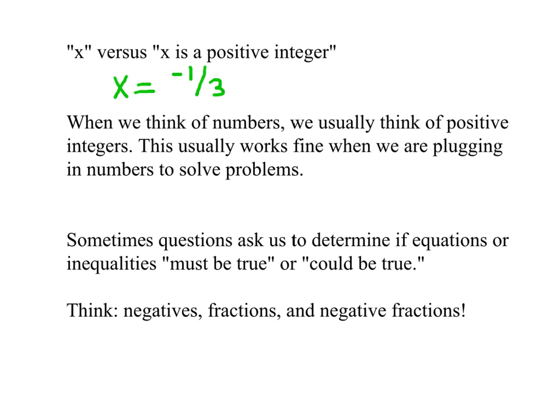And that's fine. If you are doing a problem where you're just inventing numbers to try to solve an equation or solve a word problem, that usually works perfectly well. My favorite numbers are 1, 2, 5, 10, 100 for percent problems.